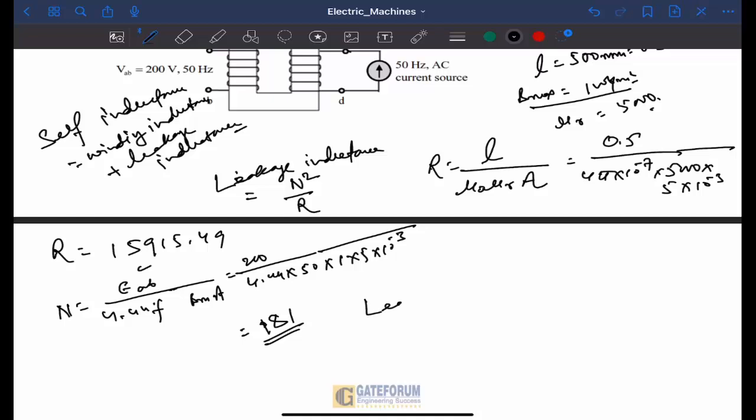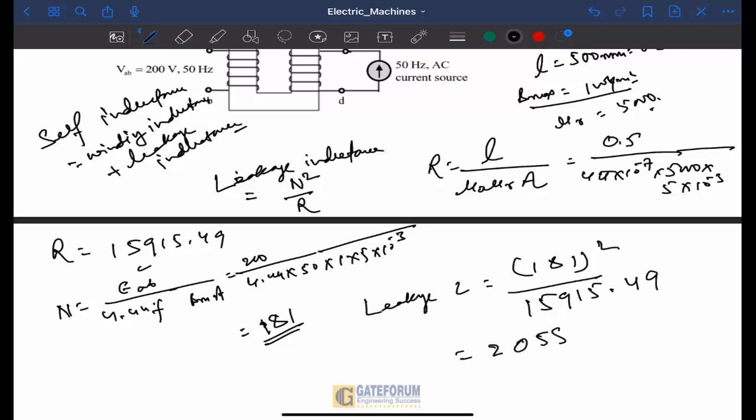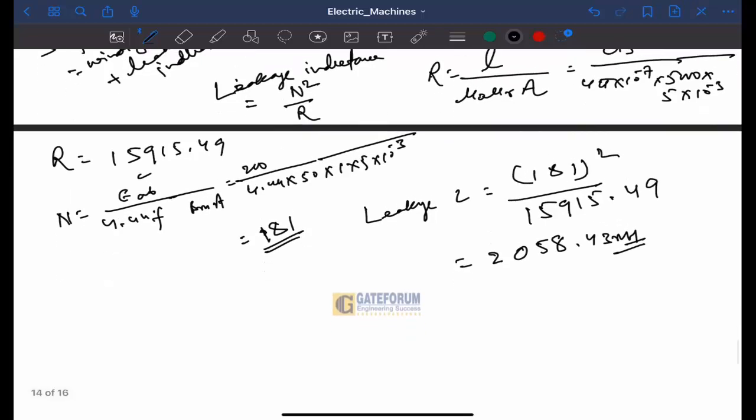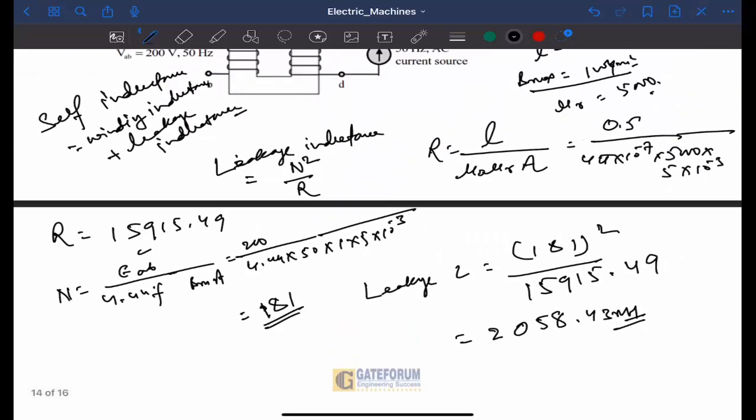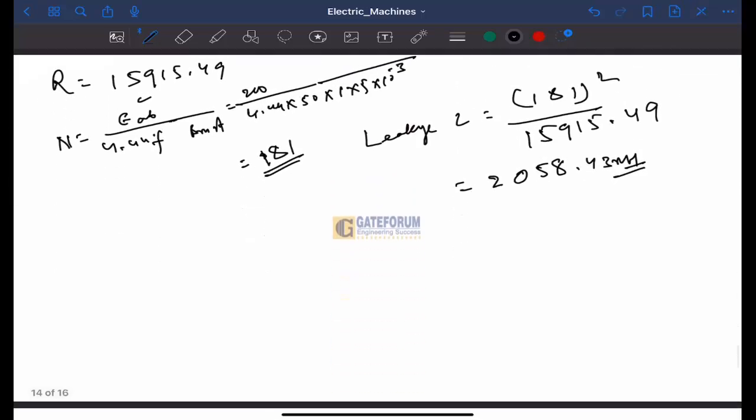So L leakage we can calculate as 181 squared divided by 15915.49. It will give 2058.43 millihenry.